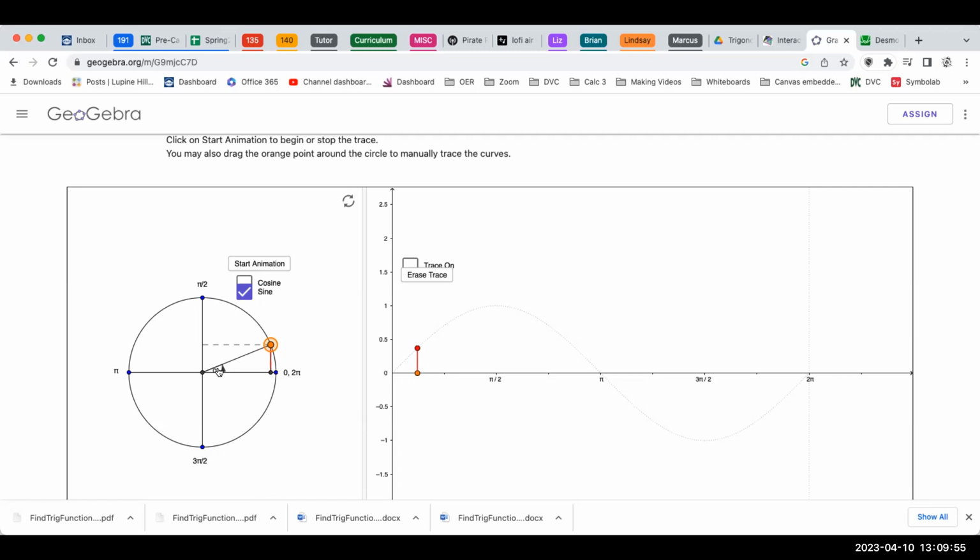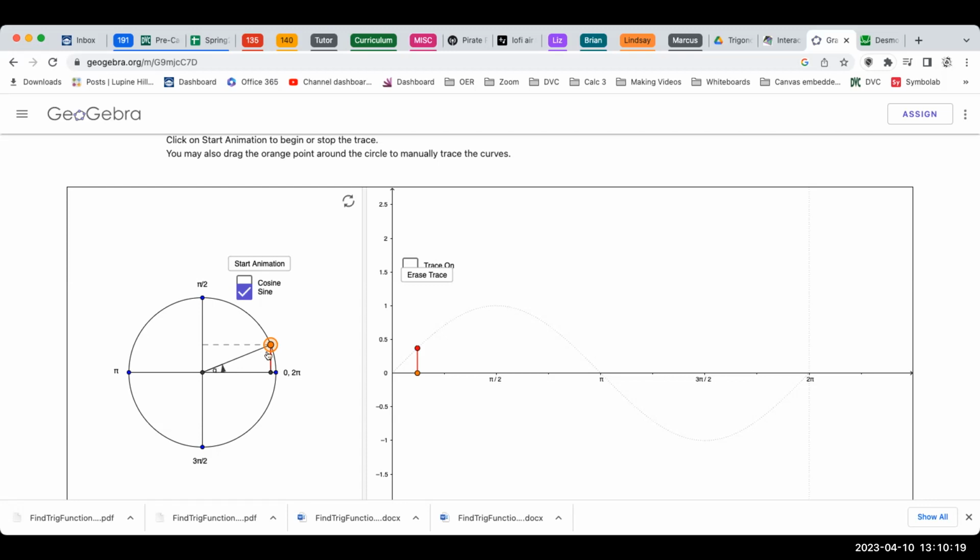The Y coordinate of this point is this length right here. So at this angle, the Y coordinate is this long. If I am trying to graph the sine function at this angle, sine is representing that length of the Y coordinate. So this length is this length.